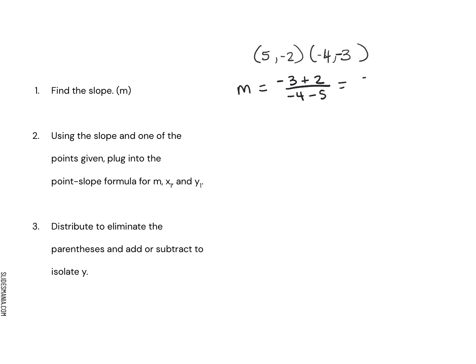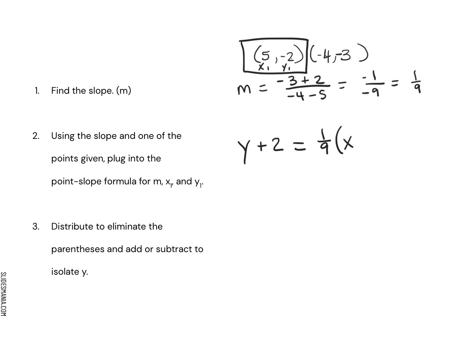So we get negative 1 over negative 9, and when we simplify that, we get 1/9. Now we're going to use this slope, and we'll use this point as our x1, y1 to plug into point-slope form.